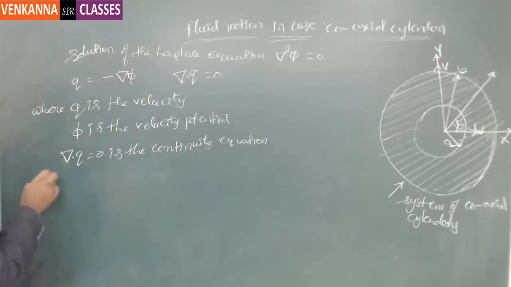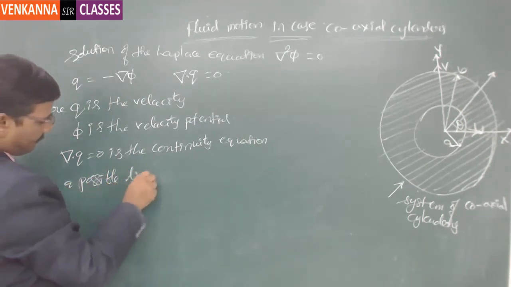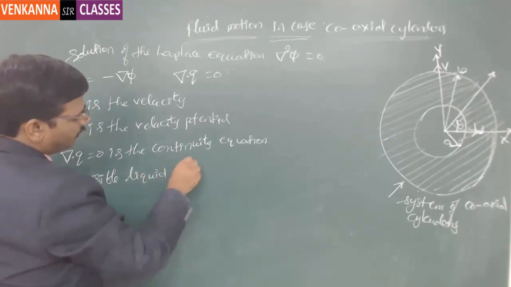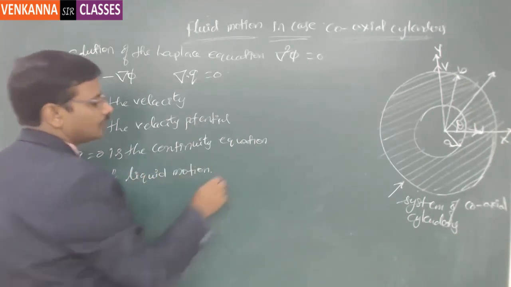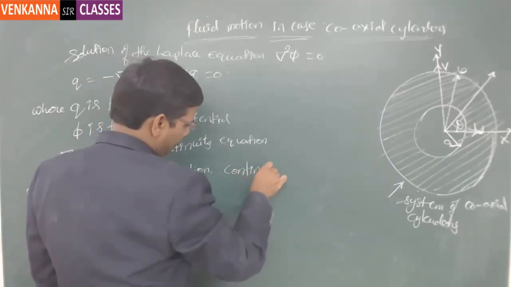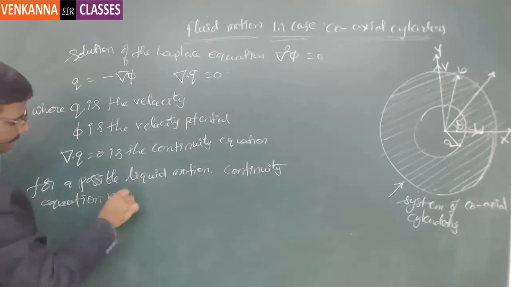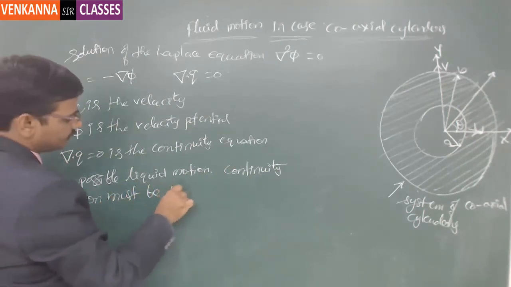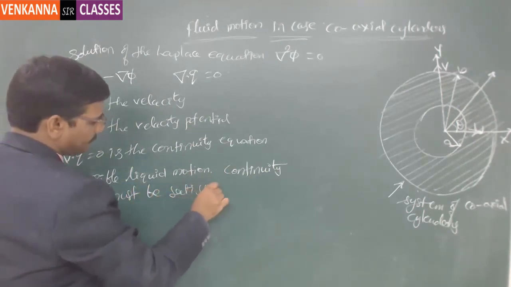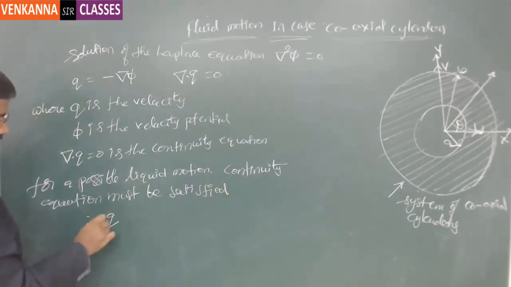For a possible liquid motion, the continuity equation must be satisfied. Therefore, del dot q equal to 0.